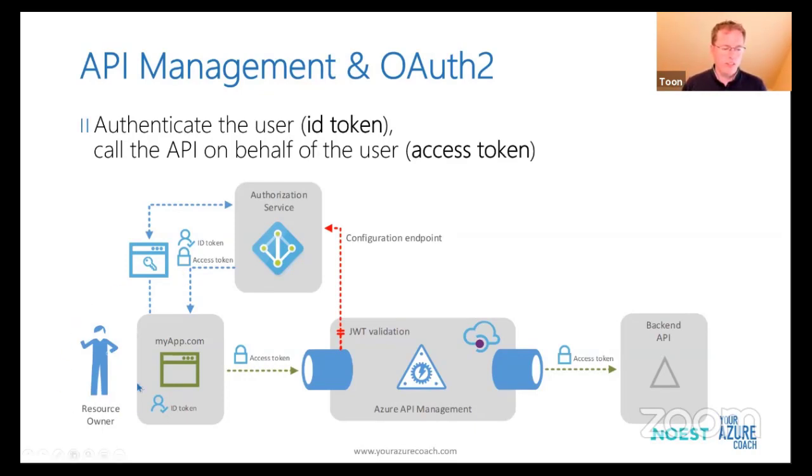The goal is that the resource owner in this case will log into the application, and he or she will be redirected to the authorization service where a login needs to be performed, and hopefully with multi-factor authentication. Depending on the type of application, you will need to choose a different OAuth flow, but in the end, the application will get an ID token and an access token.